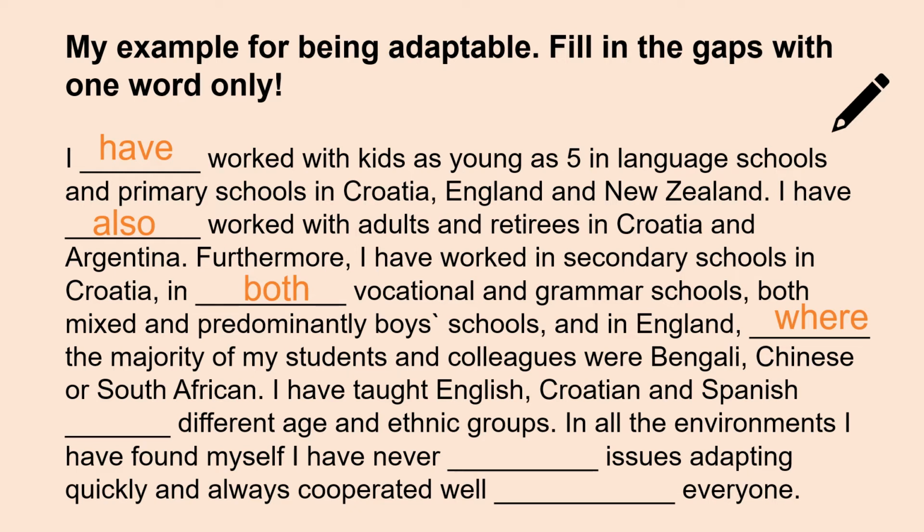I have taught English, Croatian, and Spanish, to different age and ethnic groups. In all the environments I have found myself, I have never had issues adapting quickly and always cooperated well with everyone.